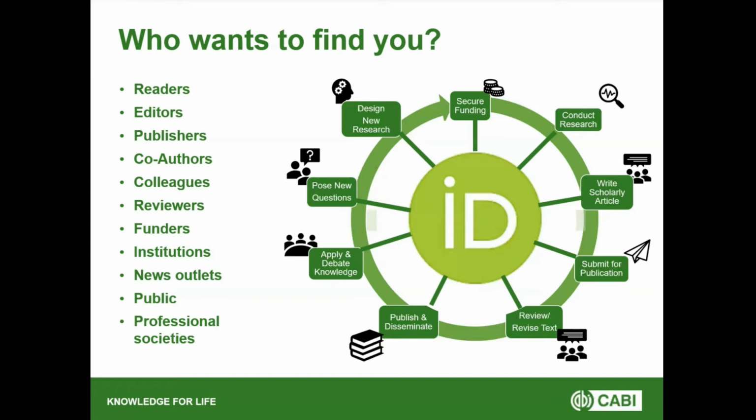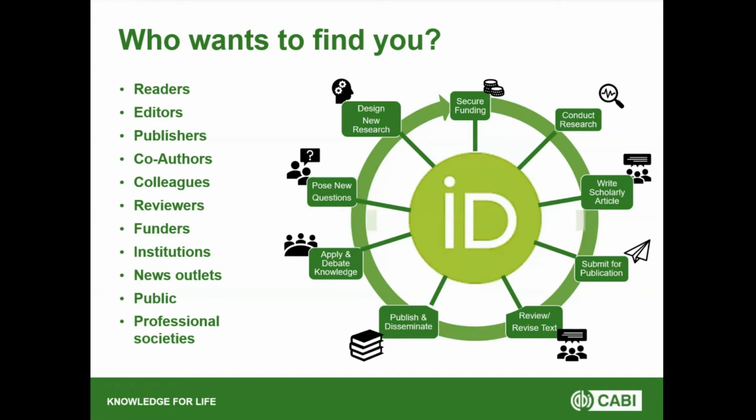Institutional leaders want to track to make sure that as a member of their organization, of their institution, you are being productive. And certainly news outlets and the public want to know that you as a scientist are legitimate and trustworthy.